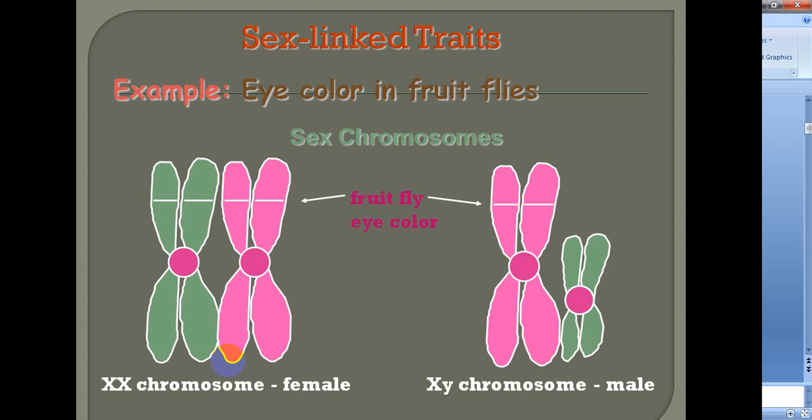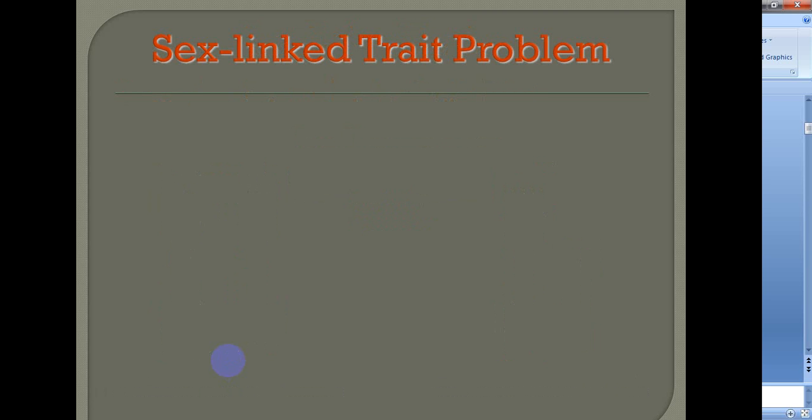In fruit fly, the female has two X chromosomes, whereas the male has only one X and another Y chromosome, and fruit fly eye color is associated with the X chromosome. Suppose a red-eyed male is crossed with a white-eyed female. Capital R is for the dominant red allele, and small r is for white.